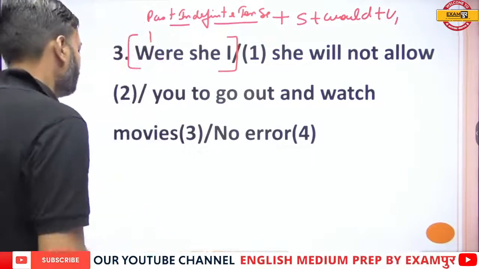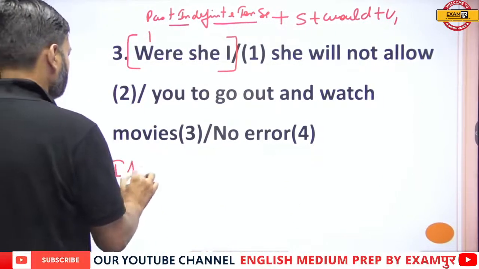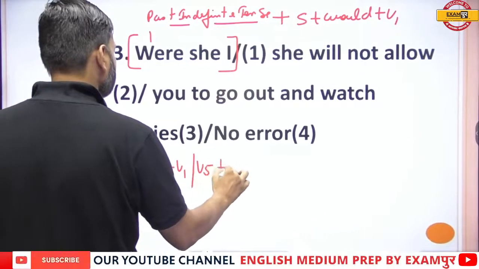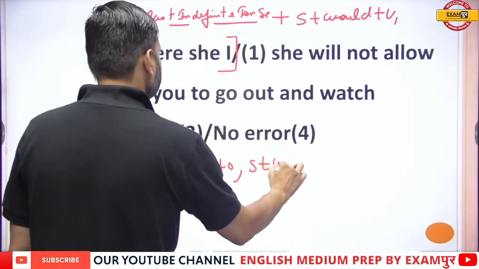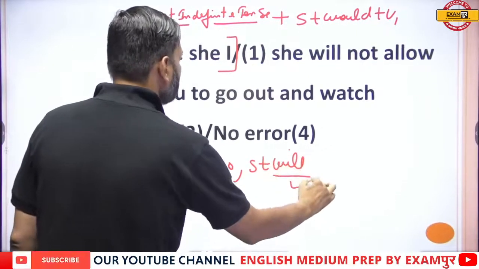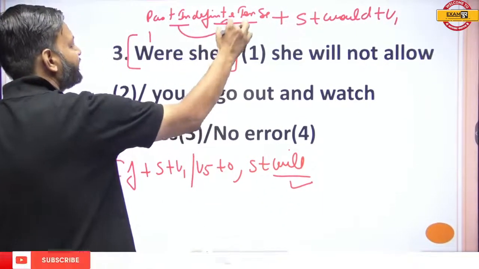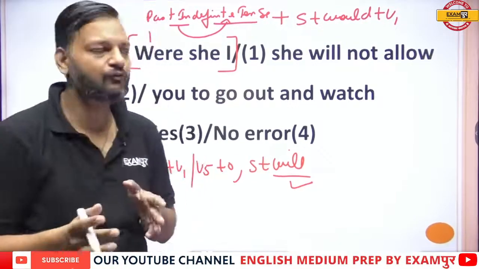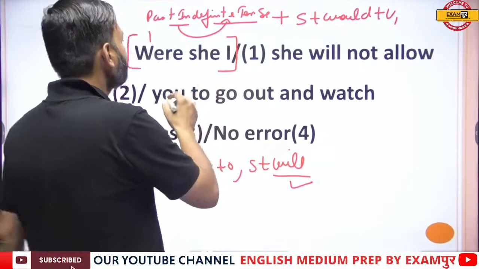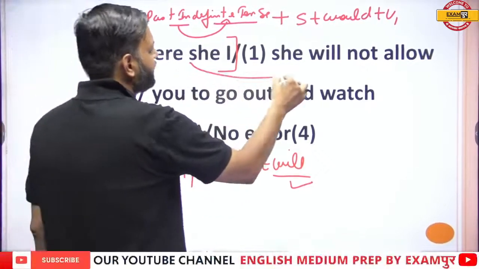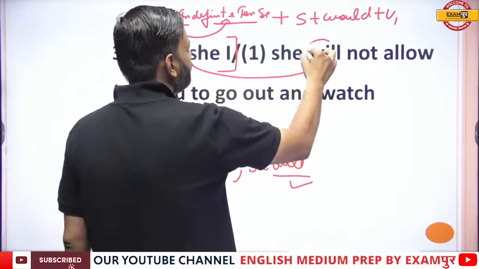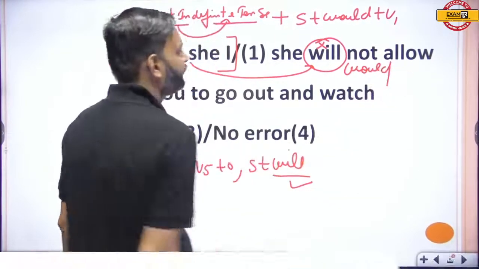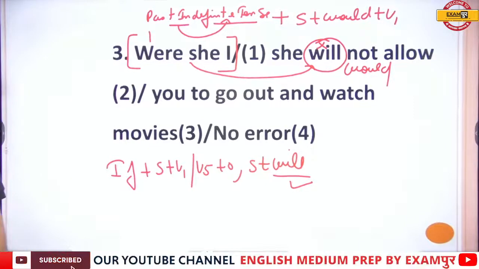When the if clause is present indefinite, you can use will. But if there is past indefinite tense in the if clause, you have to use would, because the past of will is would. So as you can see, here the structure is past, but will has been used, which is wrong. So in place of will, you have to use would.